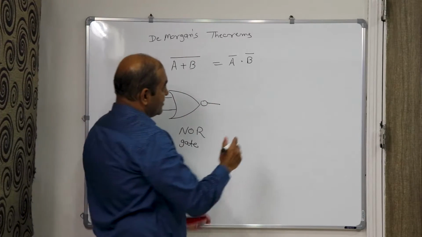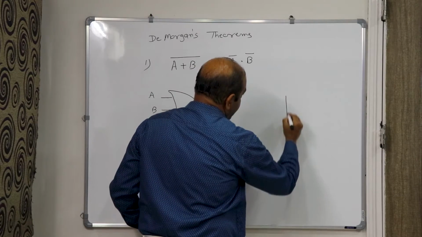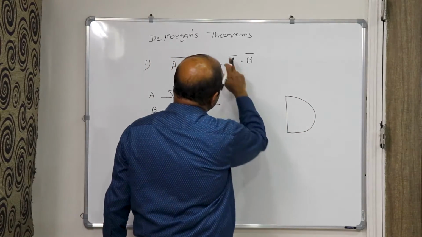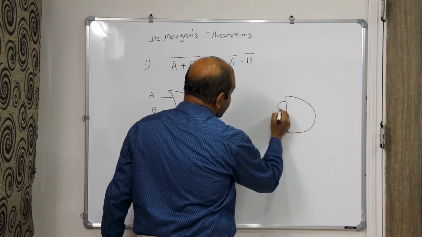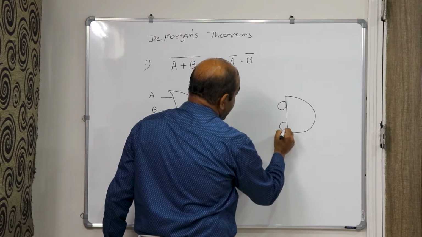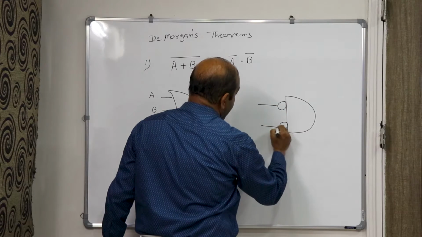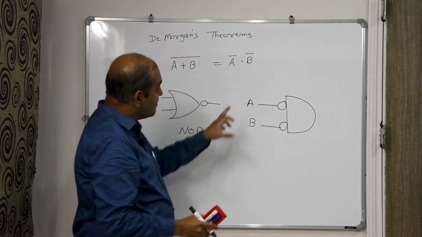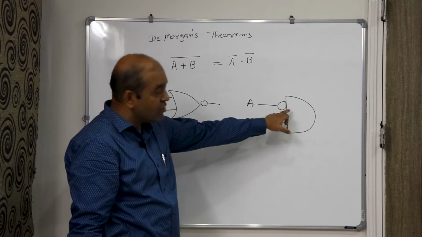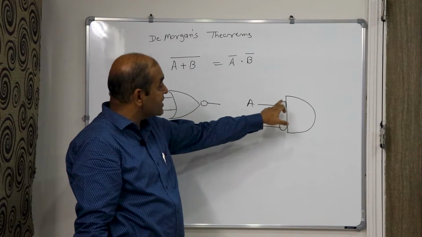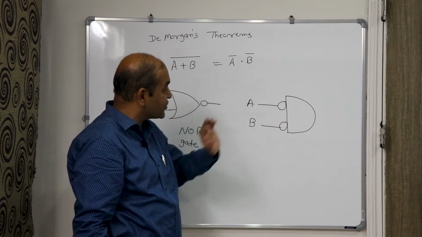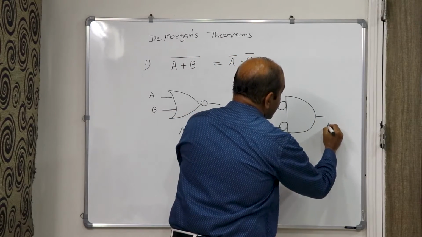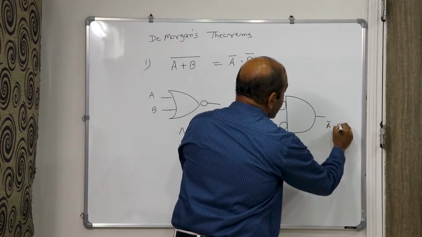Now about this one. Dot shows this is AND gate, but this is bar. So A and B are the input. So actual input of this AND gate is A bar. This is a symbol of inversion. So this output is A bar dot B bar.